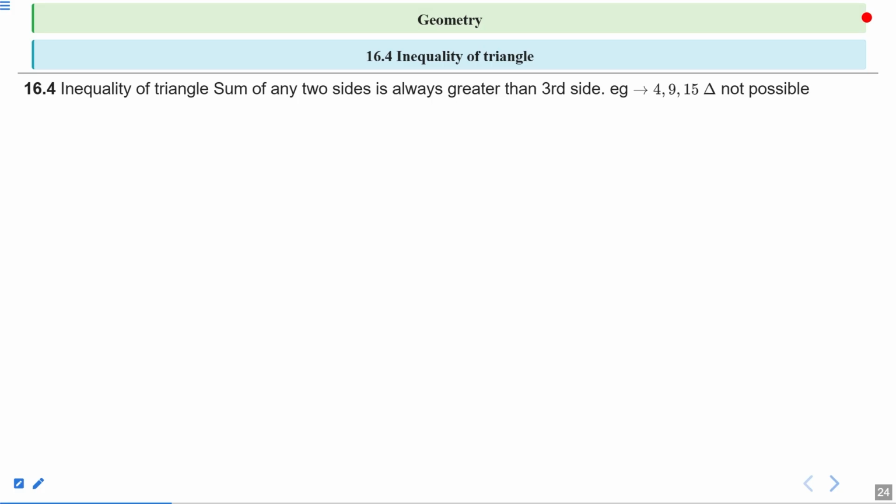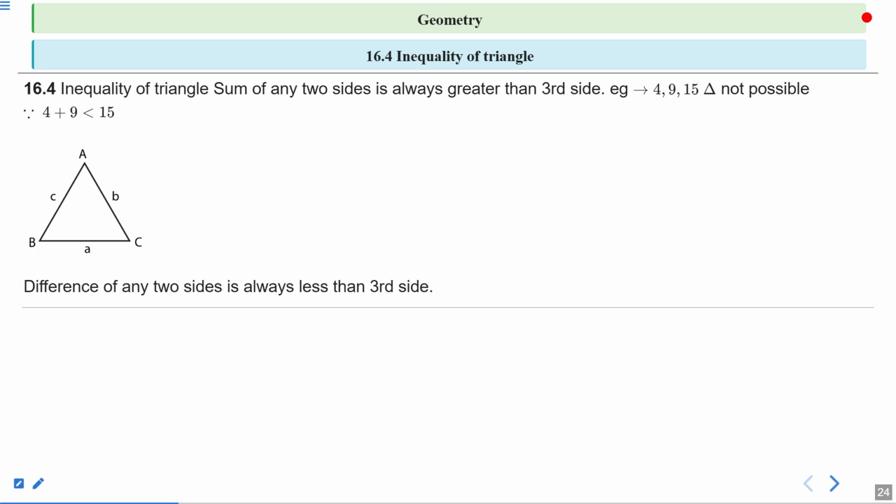So the triangle cannot be possible, because the sum of any two sides must always be greater than the third side. Here 4 plus 9 is less than 15. In a triangle ABC, the difference of any two sides is always less than the third side.